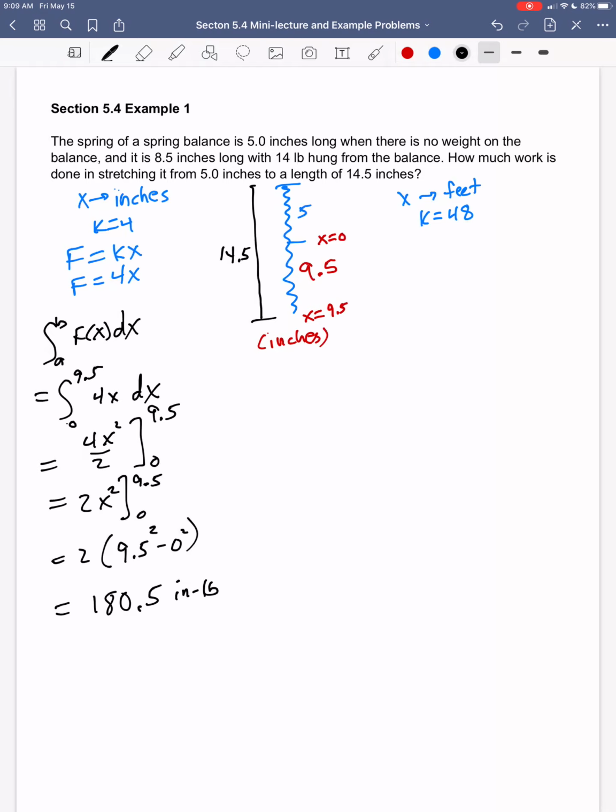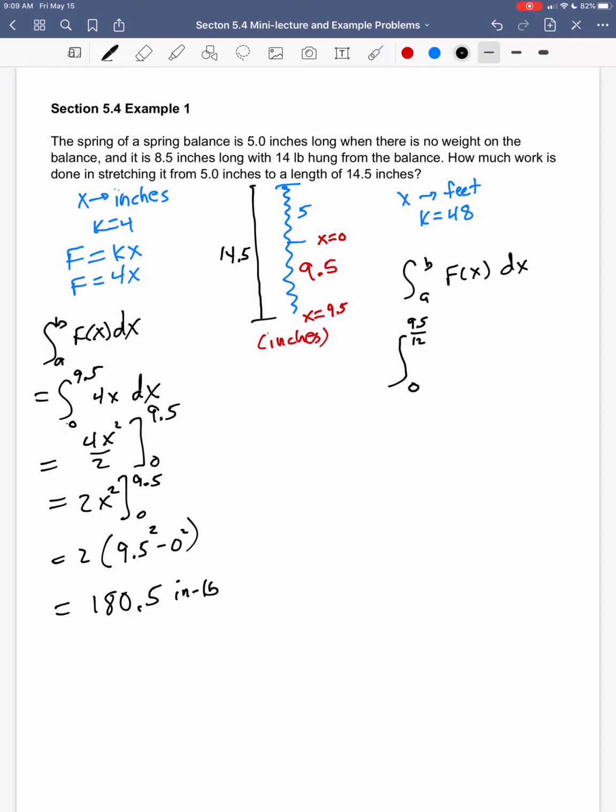If you want to do this and end up with foot pounds instead, well, what's going to happen, I'm still going to get this same basic integral, but now my limits of integration have to be in regards to feet instead of inches. So 0 inches is still 0 feet, but this here is going to be 9.5 over 12 is going to be my upper limit in this sort of case.